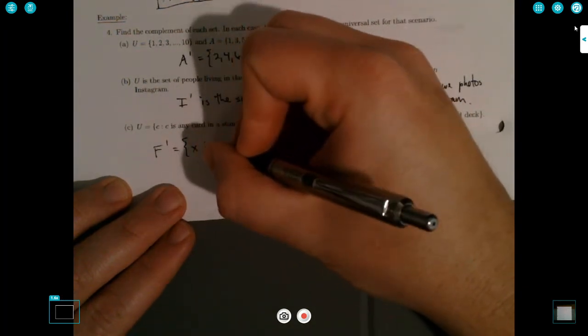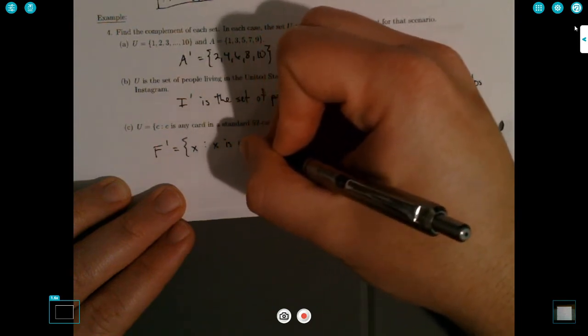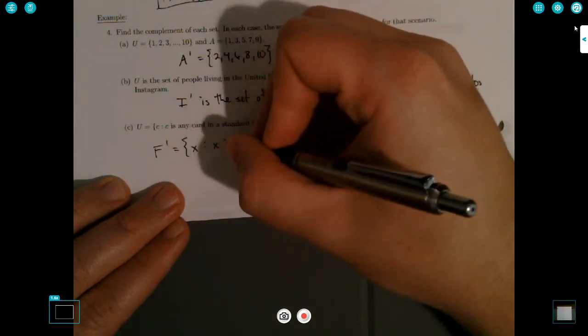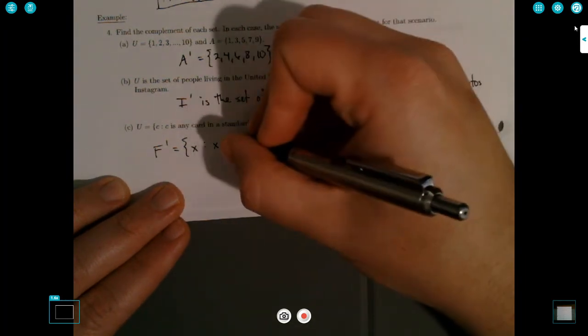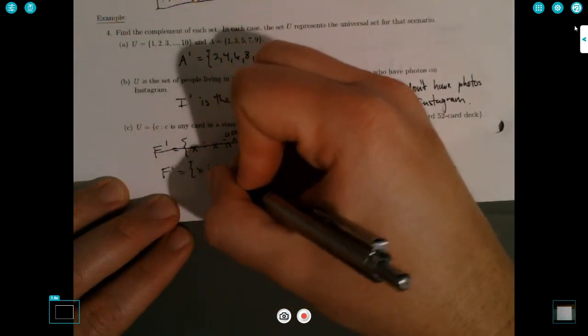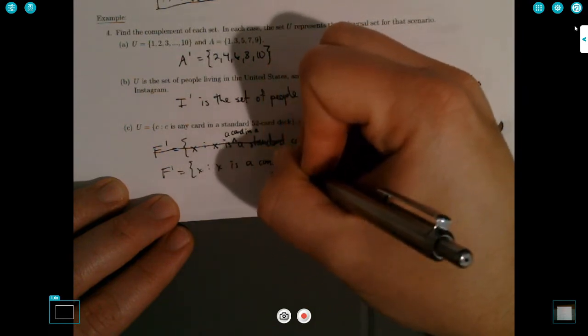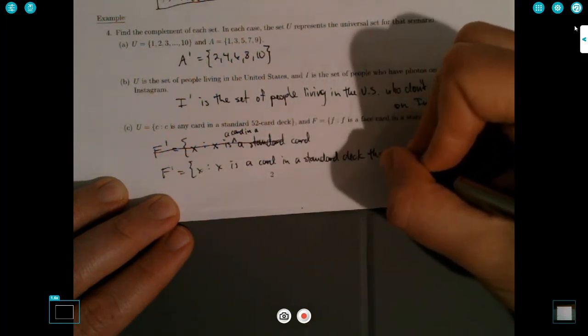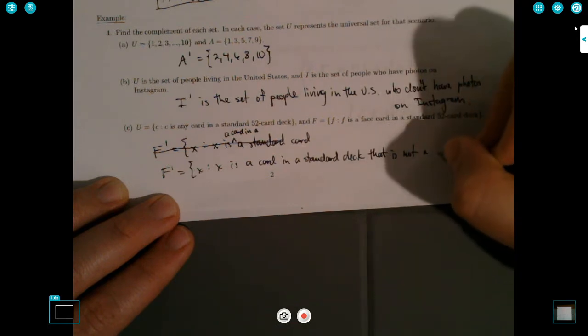F complement would be the set of all, well, we already used C and F, so maybe I'll call it X. F complement is the set of all X where X is a card in a standard deck that is not a face card.